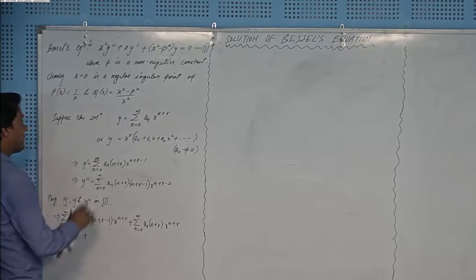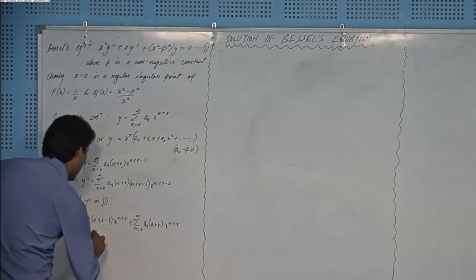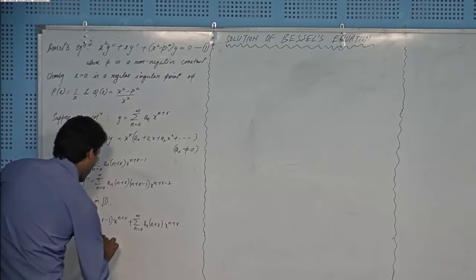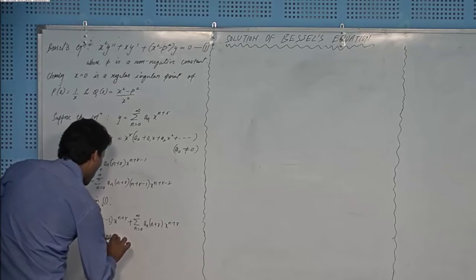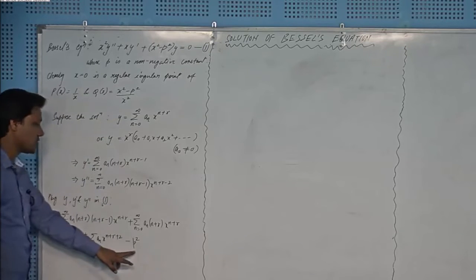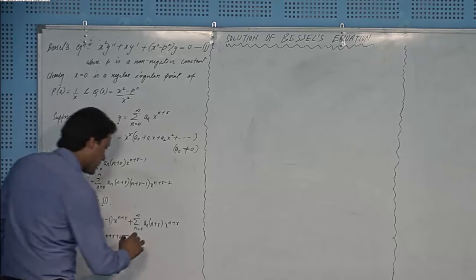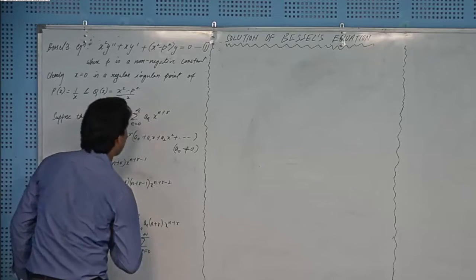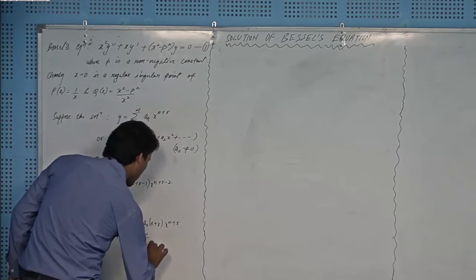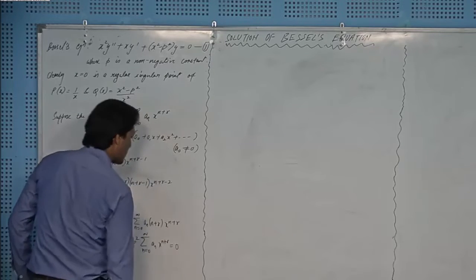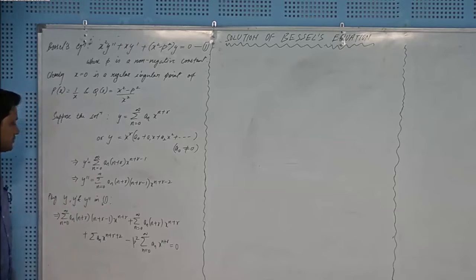The first, x square multiplied with y, will produce summation a_n x to the power n plus r plus 2. The last term will be p square. Since p square is a constant, it will appear outside the summation sign: summation n equal to 0 to infinity a_n x to the power n plus r, equal to 0, right?